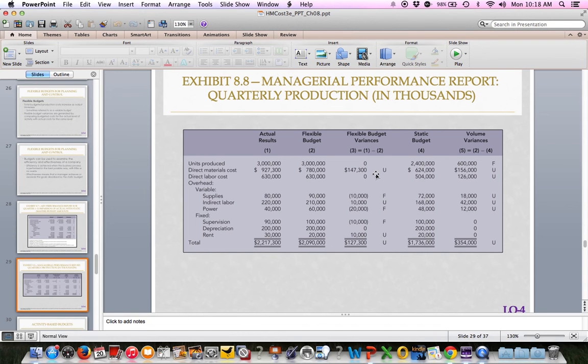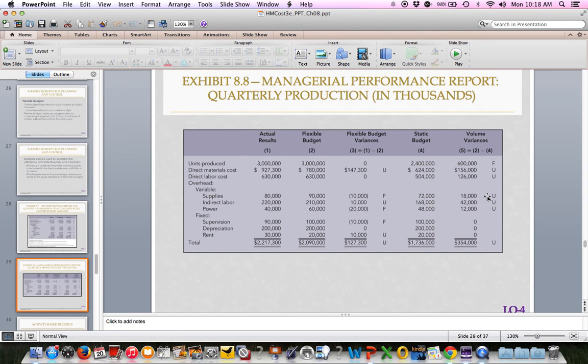So that's the point of showing you that flex budget right there, is that information is a little bit better. Then I have my volume variance over here, which is column 5, which is columns 2 minus 4. So my flex budget minus my static budget. And so now I've got just volume variances, right? Well, yeah, my units produced is higher, so therefore my materials cost is unfavorable, therefore my labor is unfavorable, my supplies is unfavorable, and so on.